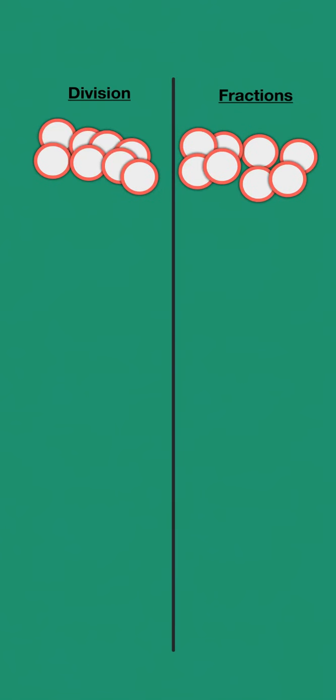So let's look at that again to see how we use division within fractions. So if we look over on this side, my division side, you can see that I've got 8 counters. So I'm going to do 8 divided by 4. This means I've got 8 and I'm going to share my 8 into 4 equal groups.